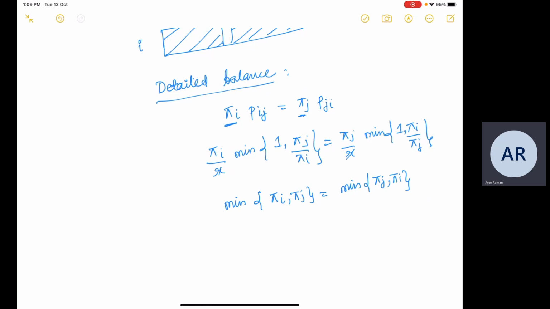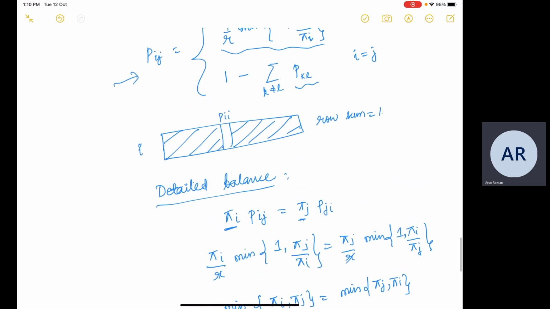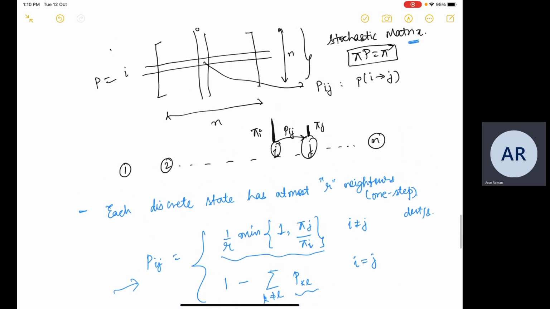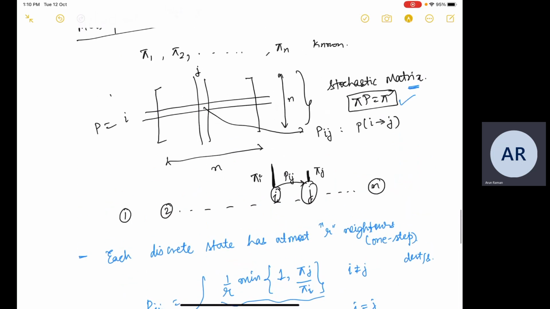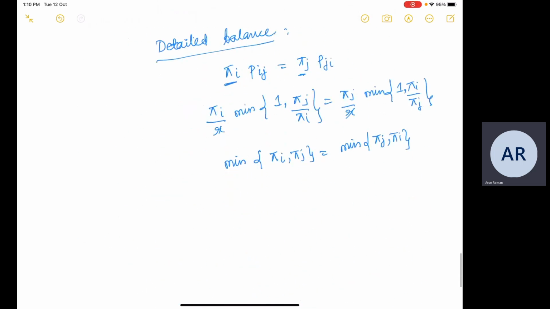Okay, if the transitions happen this way, these are the two things that ensure that the constraints are satisfied. The stationary distribution constraint is satisfied and the stochastic matrix constraint is also satisfied.